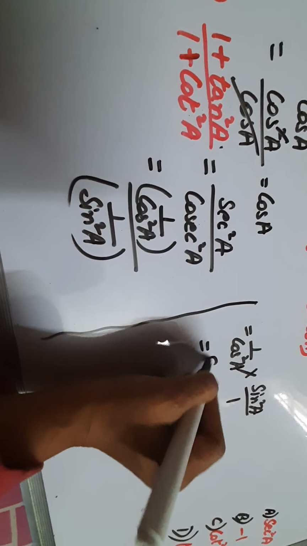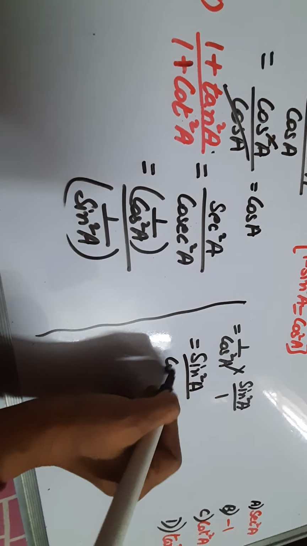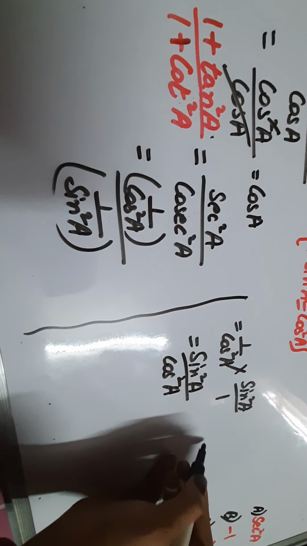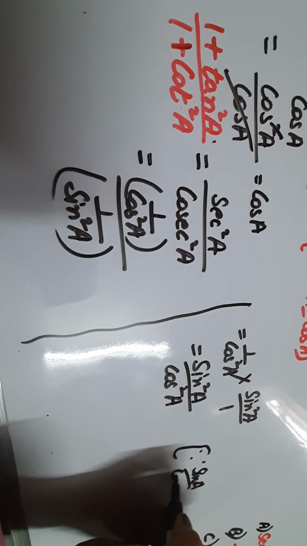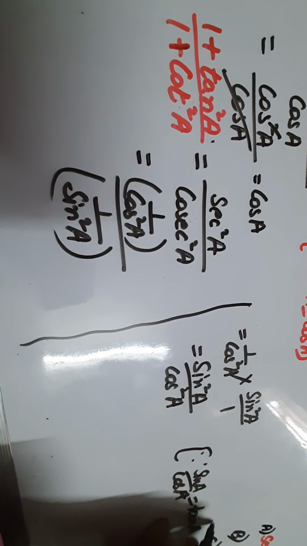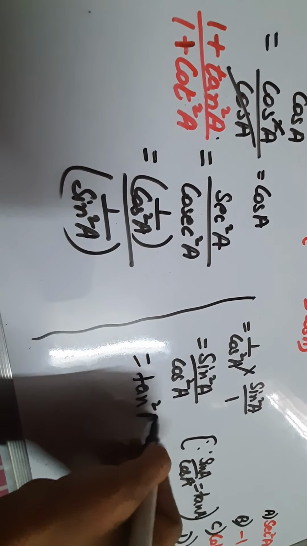Sin square multiplied by 1 is sin square A, and cos square multiplied by 1 will also be cos square A. And sin A upon cos A is equal to tan A, so we will replace this ratio by tan A, and both have square, so we will take tan square A.